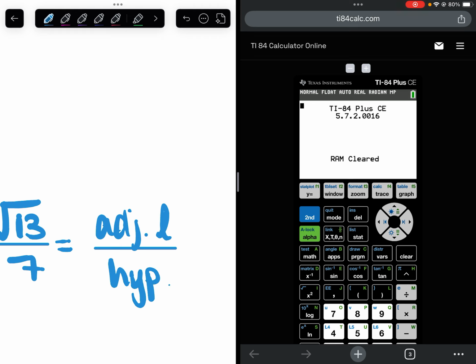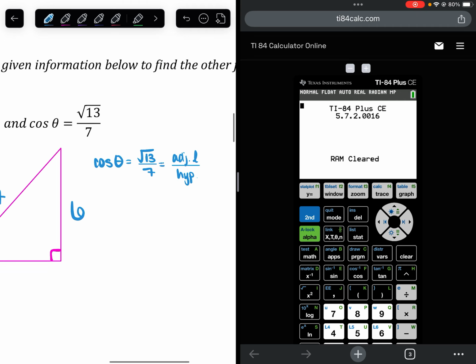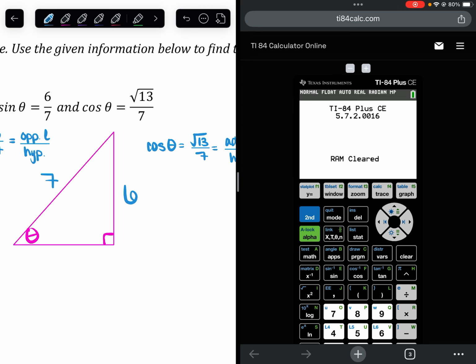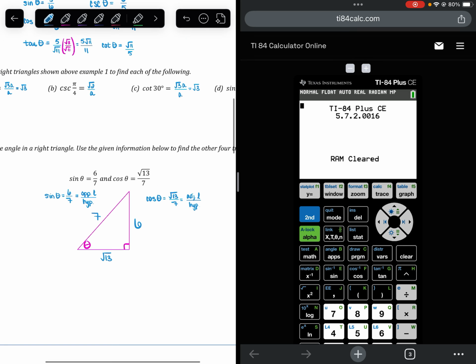Well, we already know the hypotenuse was 7. So the adjacent leg, which is the leg next to our angle theta, is going to be square root of 13. We know it's square root of 13 because we were told, but we could have not been given that information and used the Pythagorean theorem instead to find this missing side, which is a little bit easier when it's given.